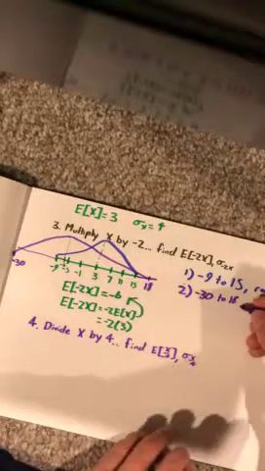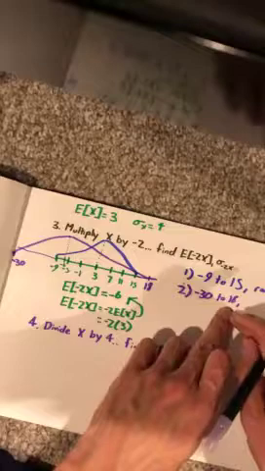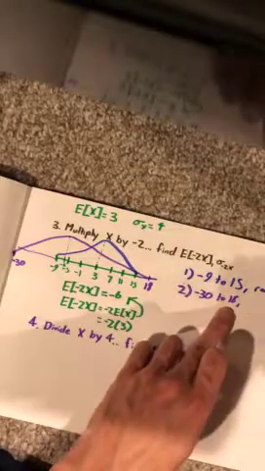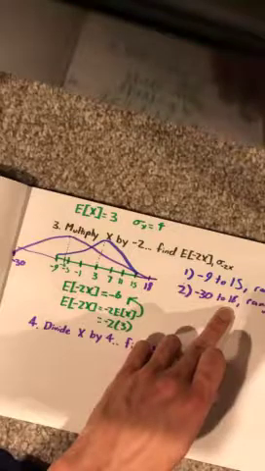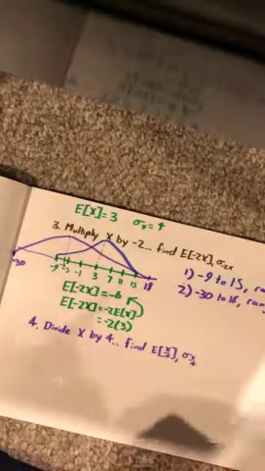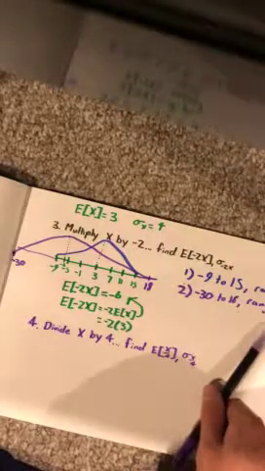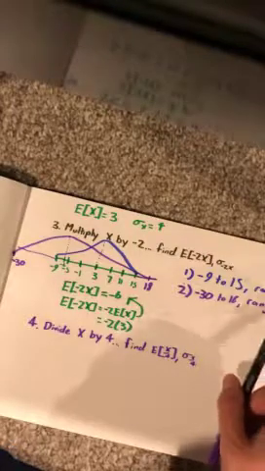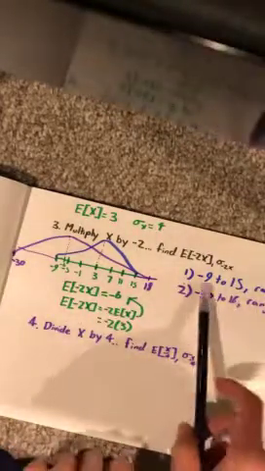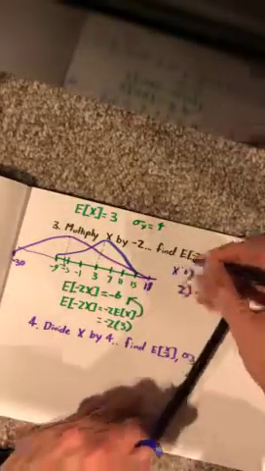There's 30 between -30 and 0, and 18 from 0 to 18. We add those together, we find that our range is 48. So our first distribution of x was 24, our second was 48. Our purple distribution is now twice as wide, or twice as spread out, as our blue distribution. This was x, and this is -2x in purple.